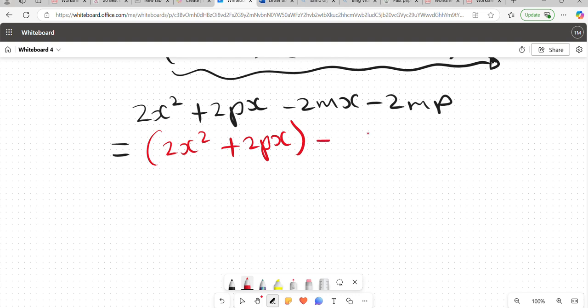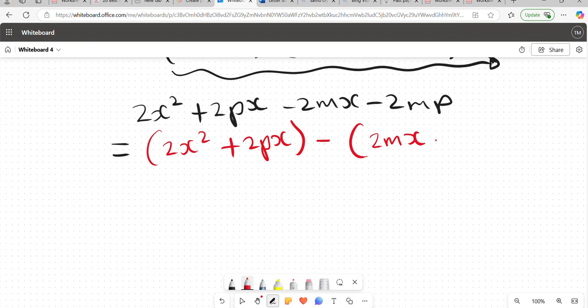I'm going to leave a negative outside, but watch this. If the negative is outside, the 2mx needs to be positive inside of the bracket. Why? Because negative times that positive would give me back the negative at the top. So I'm using that whole logic. So the 2mx needs to be positive in the bracket.